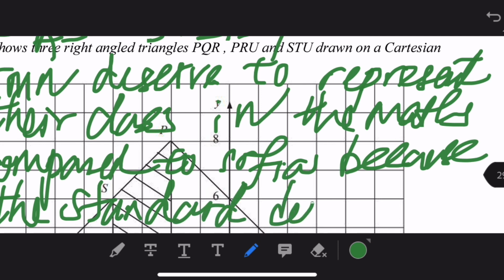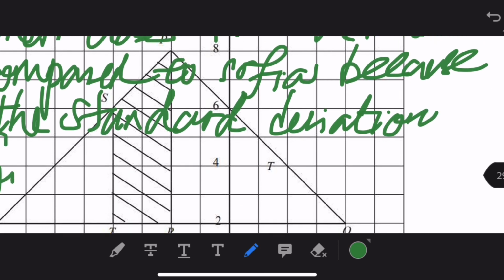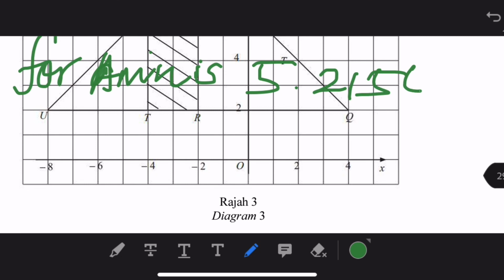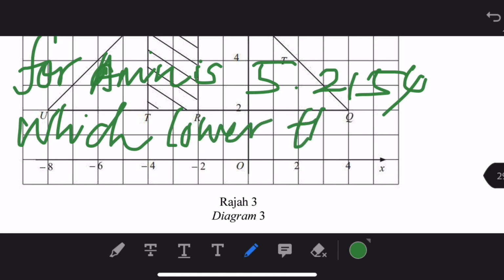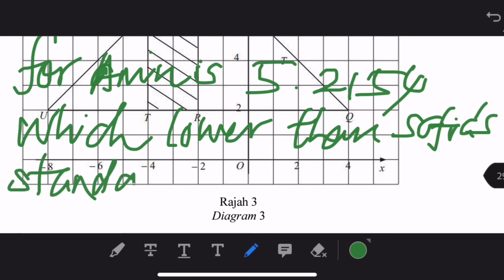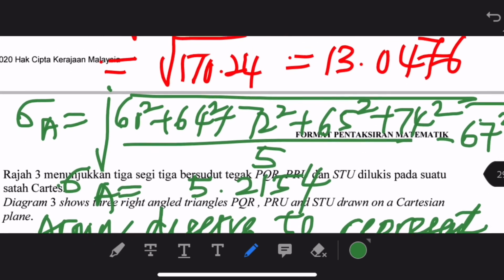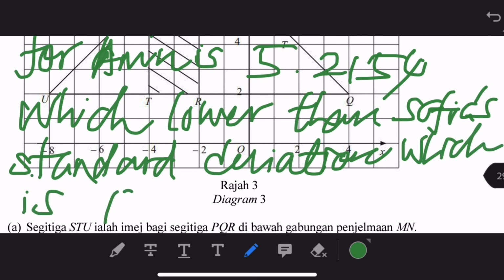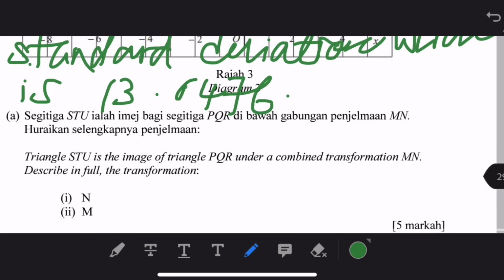The standard deviation for Armin is 5.2154, which is lower than Sophia's standard deviation, which is quite high, 13.0476.